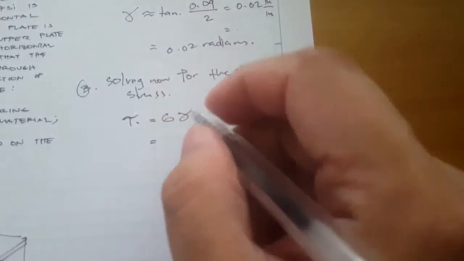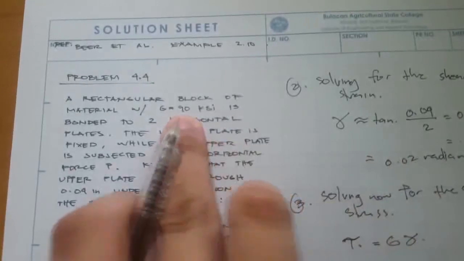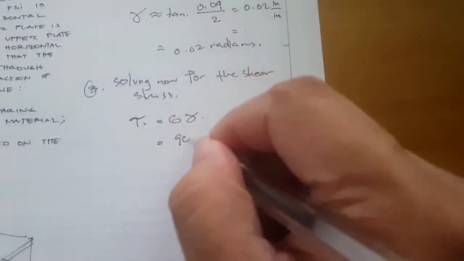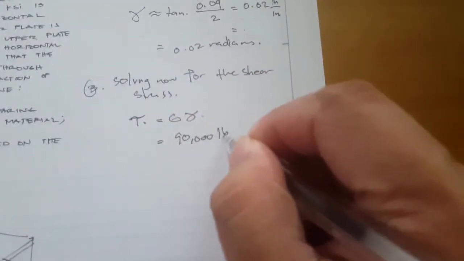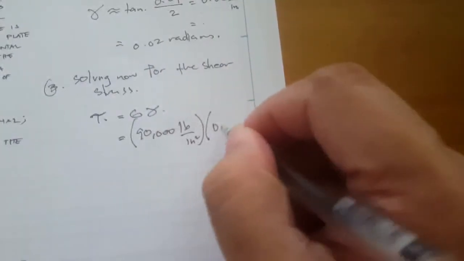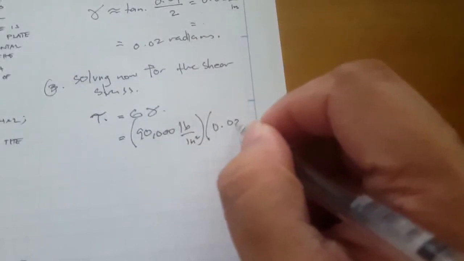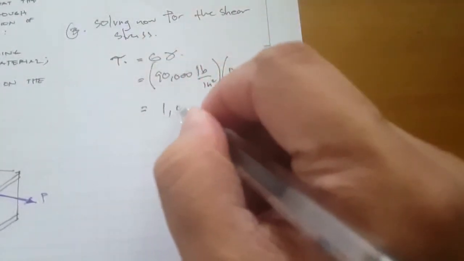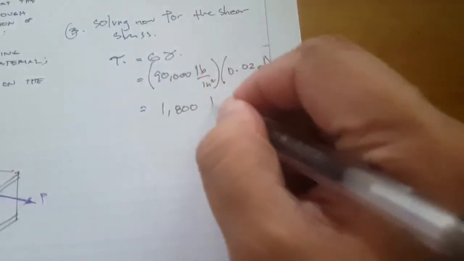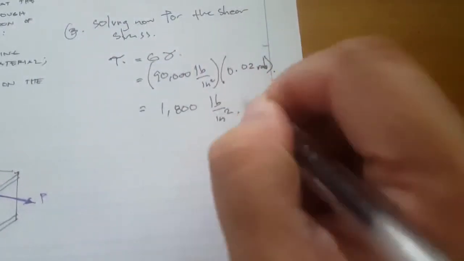So this G is equal to 90 ksi, or 90,000 pounds per square inch, times the shearing strain of 0.02 radians, and this is equal to 1,800 pounds per inch squared.